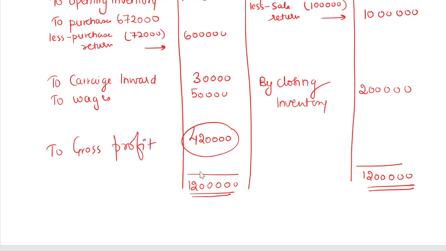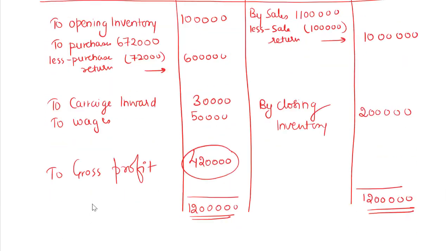Now we need to pass journal entries, the closing journal entries. Journal proper in the books of ABC Traders.